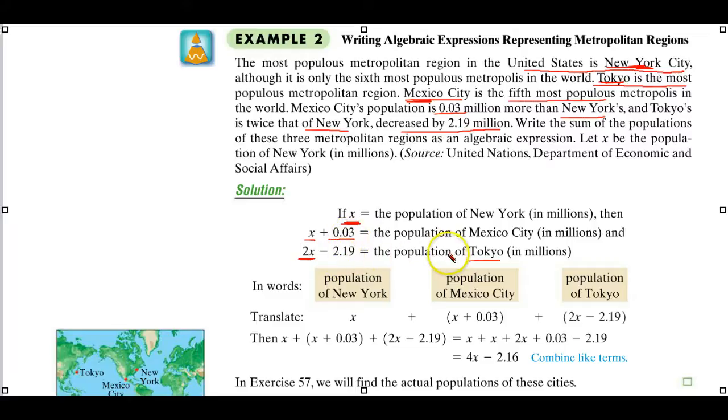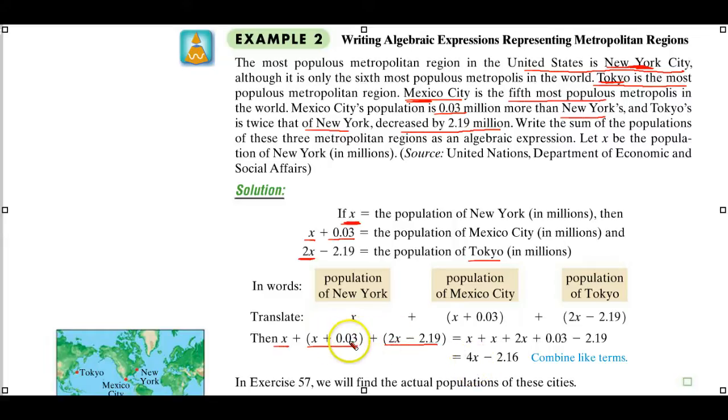So how would you combine these like terms? Well, again, you string them out. There's no negative in front of the parentheses, so we can just remove the parentheses here. And then we collect like terms. So we have 1x, 2x, 2 more x's give us 4x.